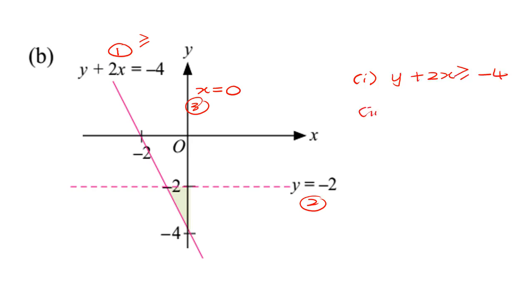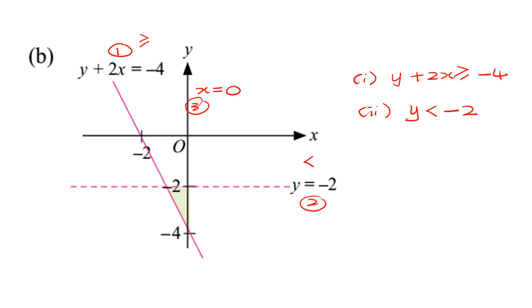Second, y is equal to -2. The shaded region is below this line. The line is drawn using a dashed line, so we use less than. So the answer is y is less than -2.